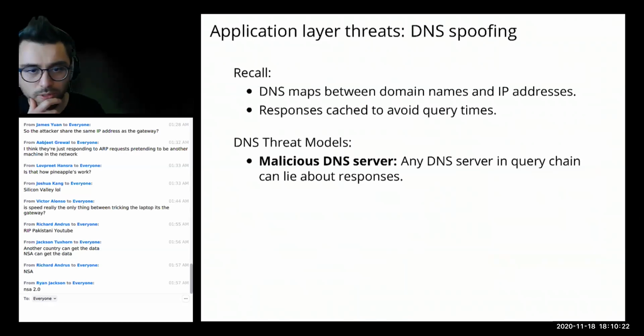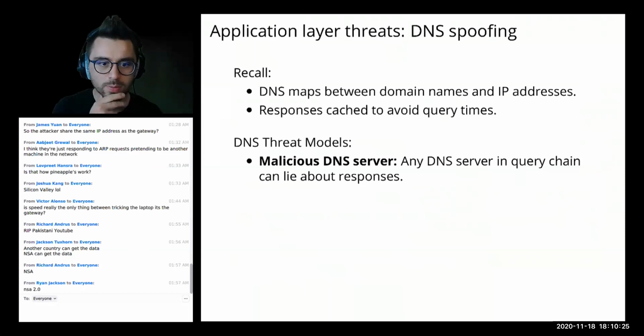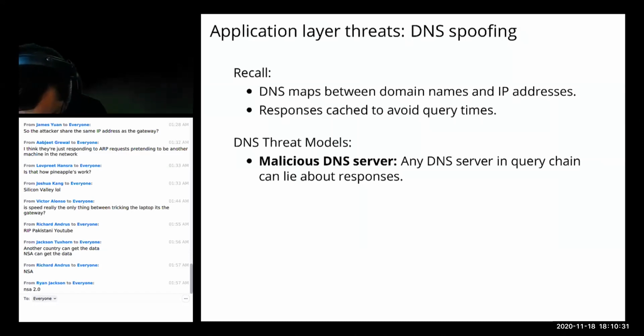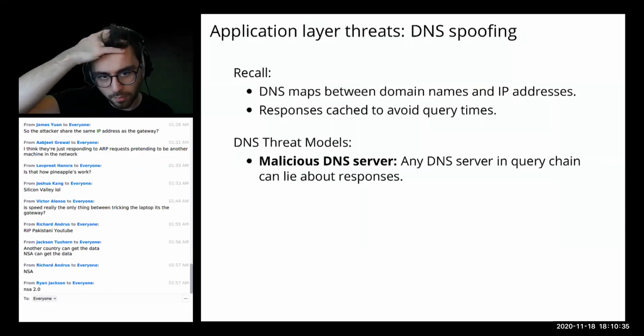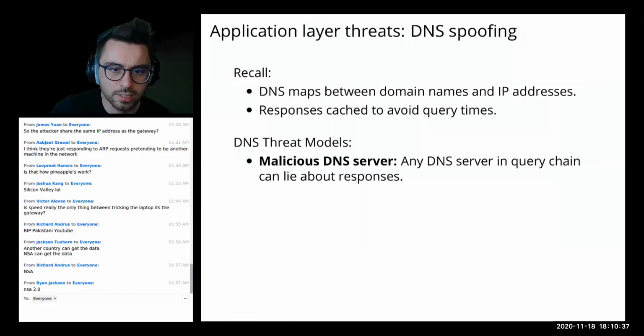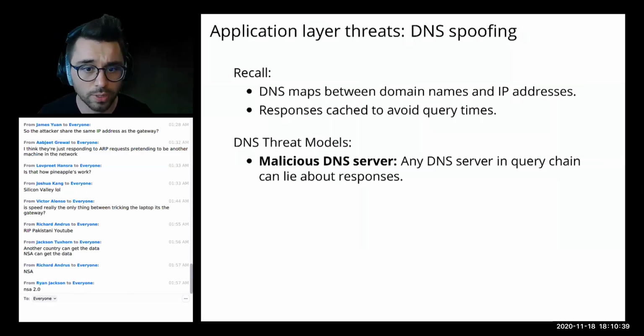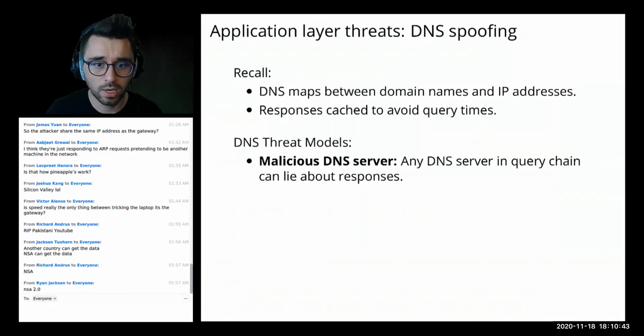Okay, so that's TCP. Now let's move on to higher level attacks, so attacks at the application layer. The one I want to talk about is the DNS spoofing attack. Again, DNS is a protocol that's used to map domain names to IP addresses.